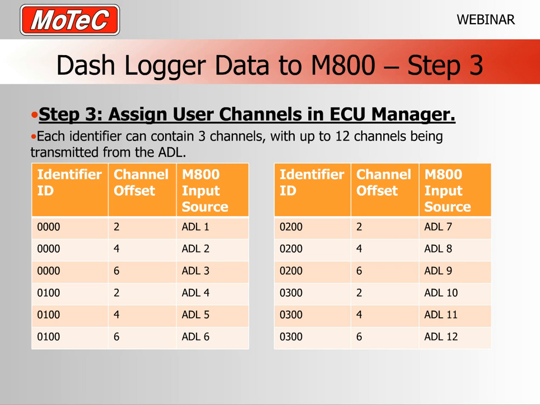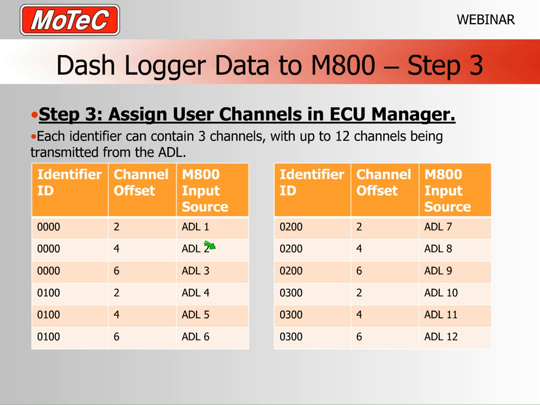Okay, so the way these channels come across from the ADL, just to remind you, is we have a number of IDs, and we have a number of channel offsets, and these are the things that we set up in the transmit message in the ADL. And then this is what it is termed in the M800 as an input source. So again, I was using the example of the second transmitted channel, which is called engine temperature, and it had an ID of 0, an offset of 4.